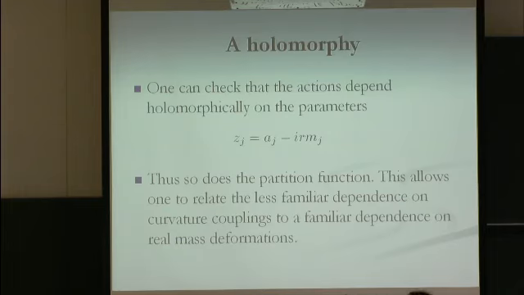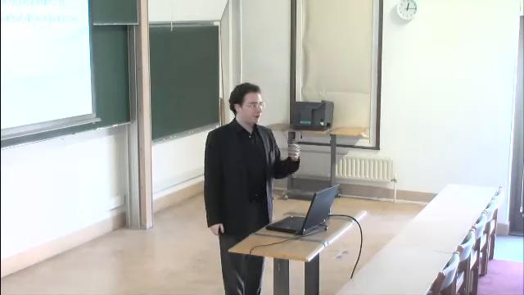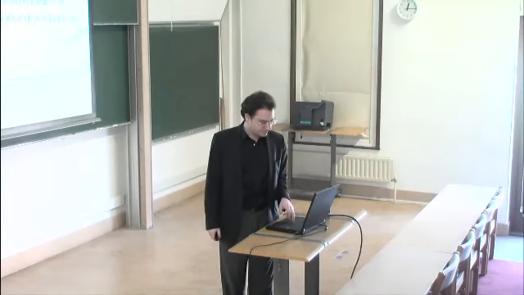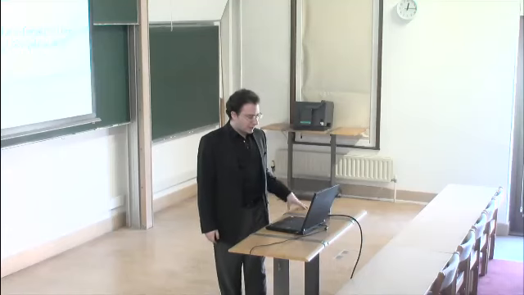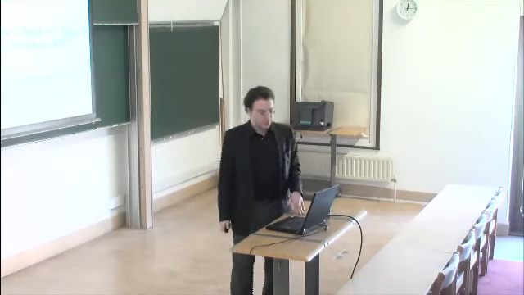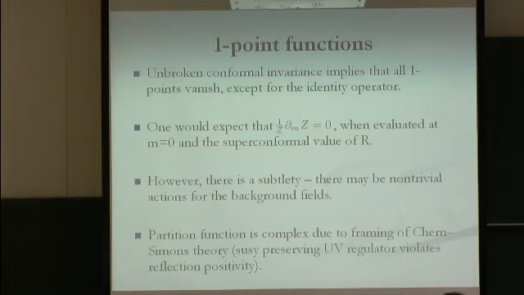Okay, so you can use this to relate this dependence on the coupling to curvature to just the ordinary dependence on real mass deformations, say in the flat space limit. And then the point is that conformal invariance implies that all one-point functions, except for the identity operator, are just zero, which is also true on the sphere.